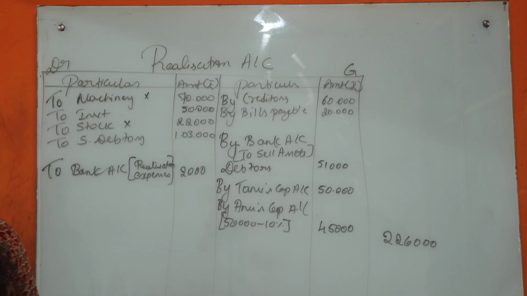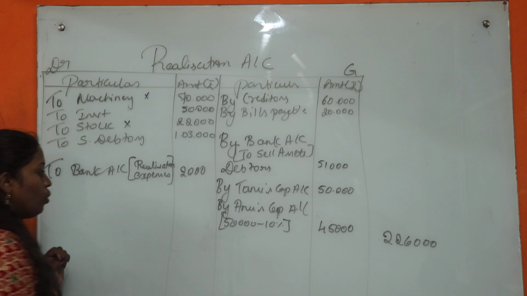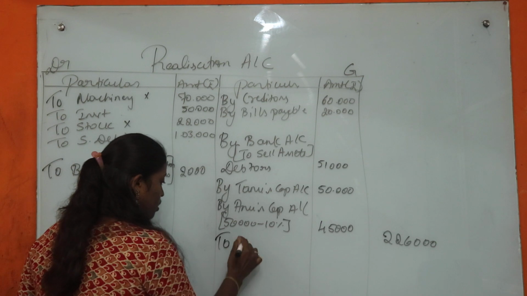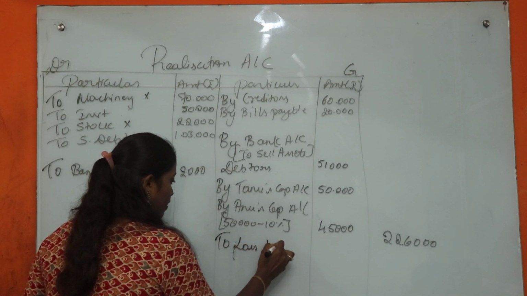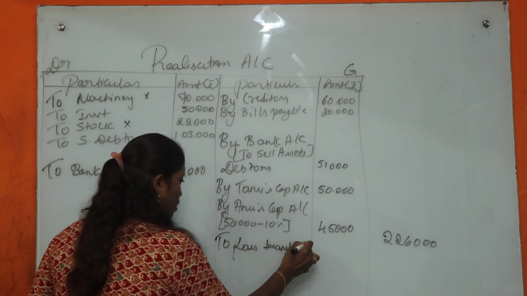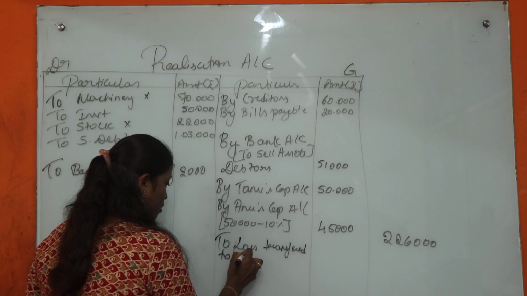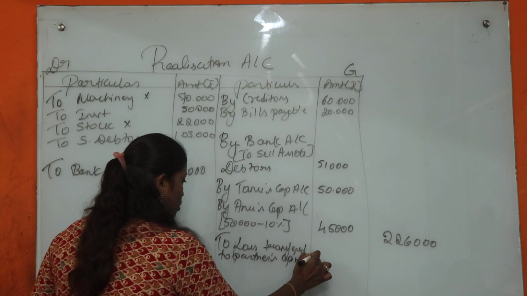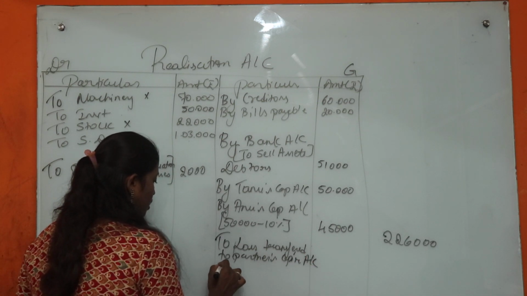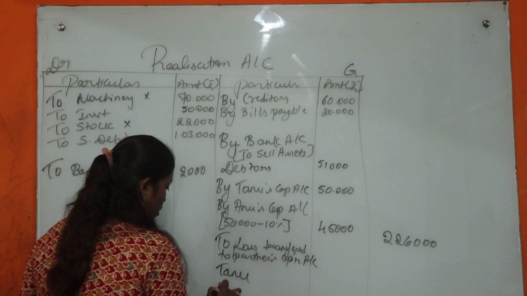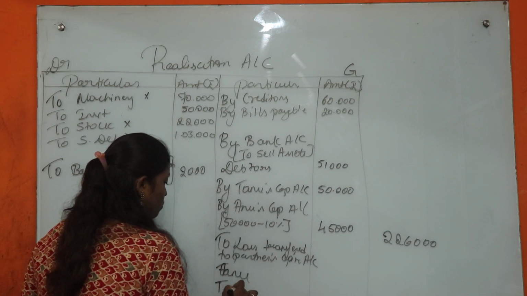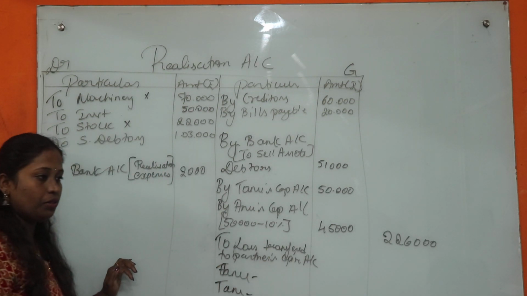This loss is transferred to all the partners. Who are my partners? Anu and Thanu. To loss transferred to partners capital account. What is their profit sharing ratio?